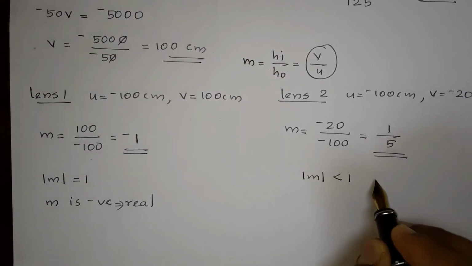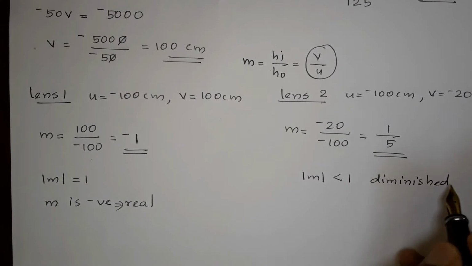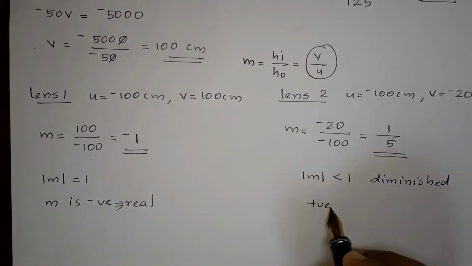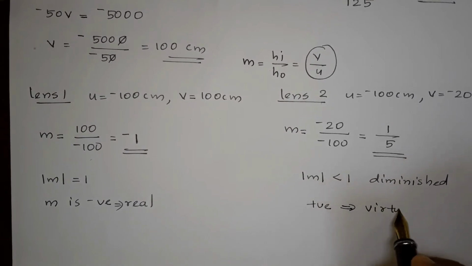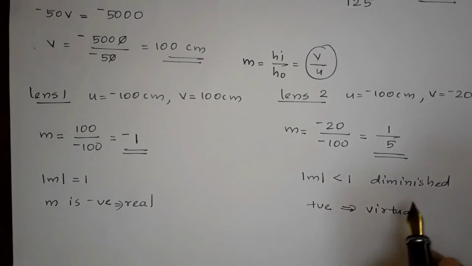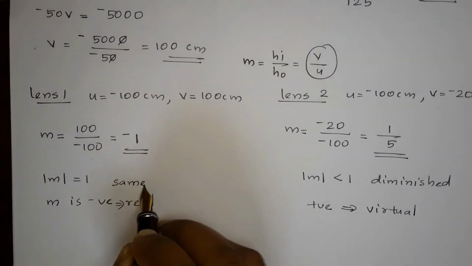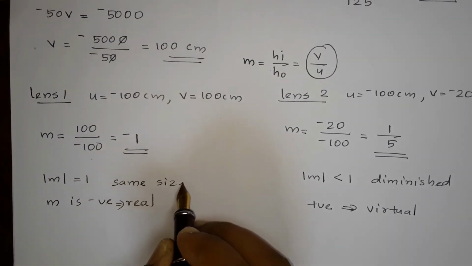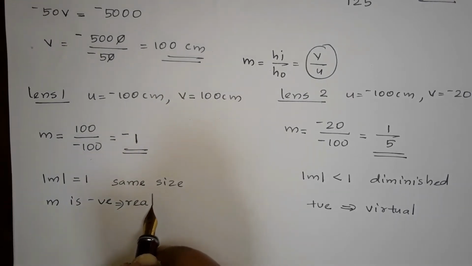That is diminished image. And it is positive means what? Positive means it is erect. That is, it is a virtual image. So we got here a virtual and diminished image. Here we got same size as that of the object, that image, and it is real also.